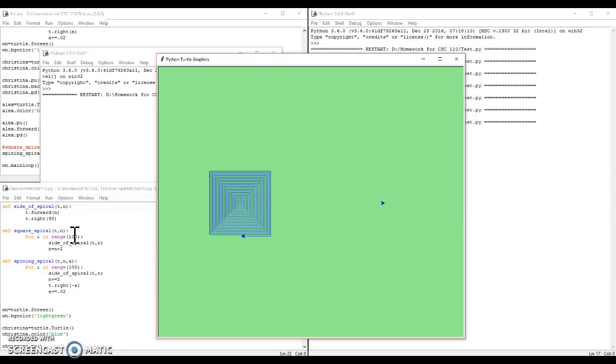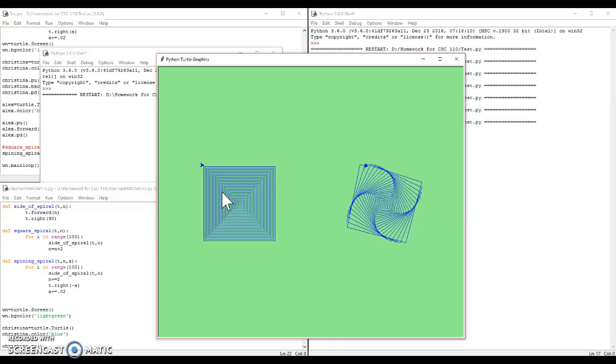The reason why I'm not adding this function into this function is because it would run through this for loop 100 times repeatedly, where this would only run the side of a spiral 100 times, so in exchange I would get 100 of these instead of 100 of a single side, so I would only get 100 of one side.